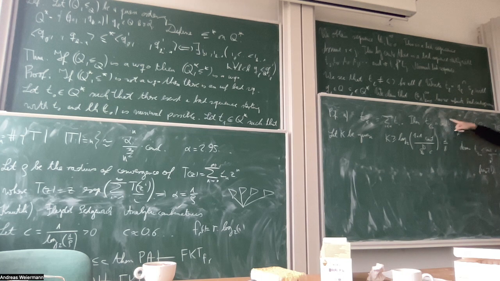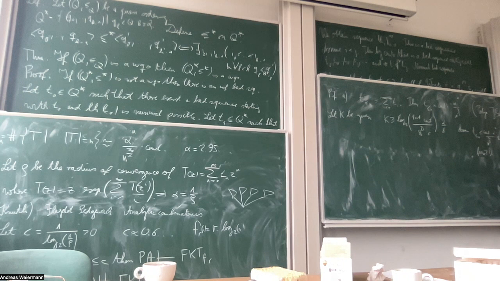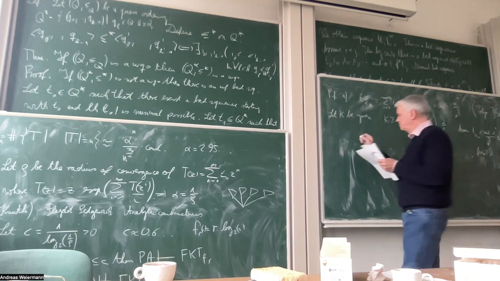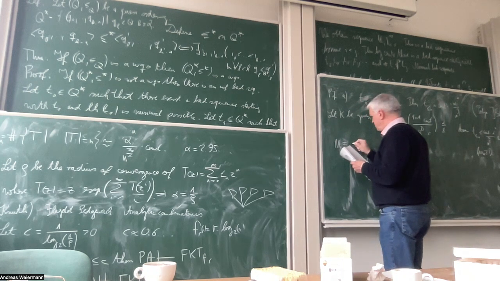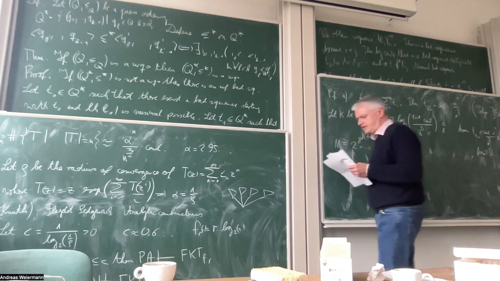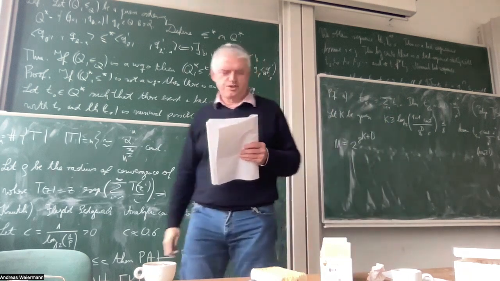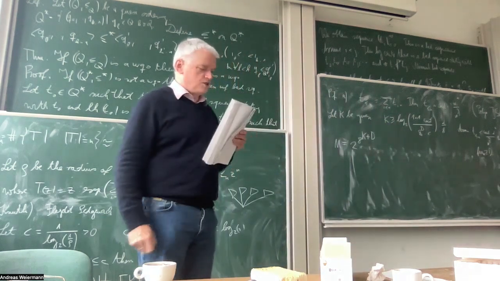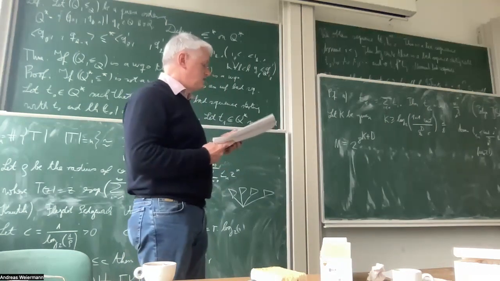So if this is asymptotic equality, then if I make this a bit bigger by 1.1, then of course for large enough n this number is bounded by it. Now I say m. M is 2 to the 8k plus d. That's all. So very simple upper bound. Just a double exponential, and this will be sufficient.